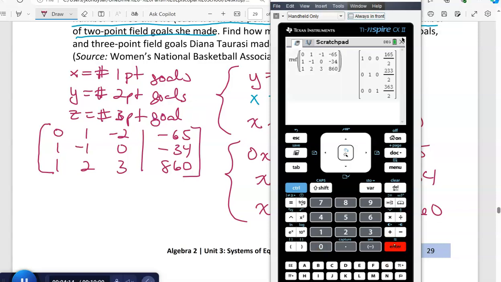And I must have entered something incorrectly here because we didn't get whole number results. Let's just double check our work here.